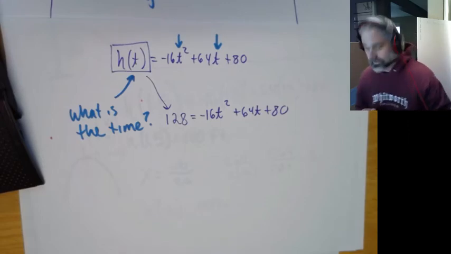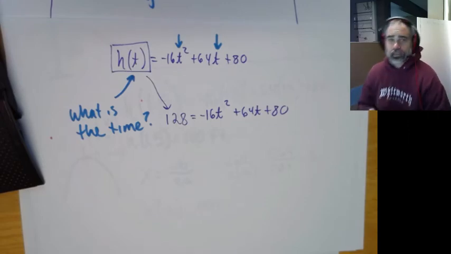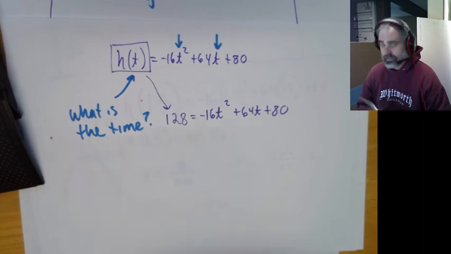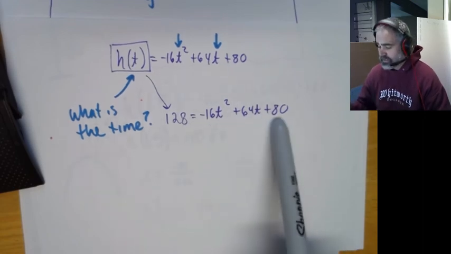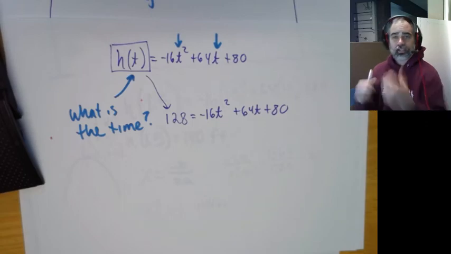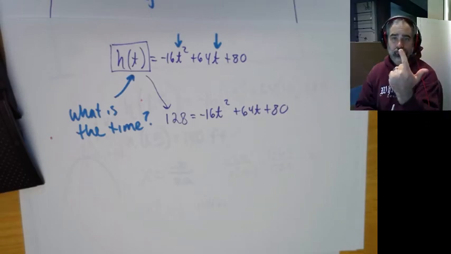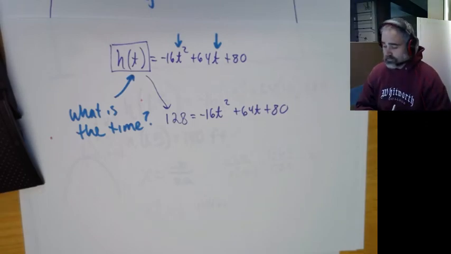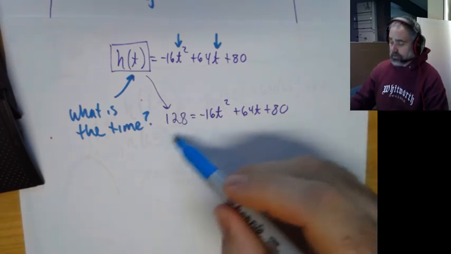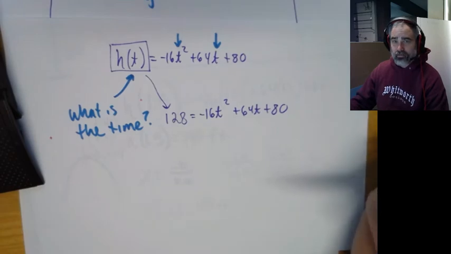So we have to figure out how to do this one. How do I solve things? I've got a t squared, a t and a number, so I need to be thinking either factoring or quadratic formula. But remember, before you do either one of those, you have to have 0 on one side. And I don't have 0 right now.